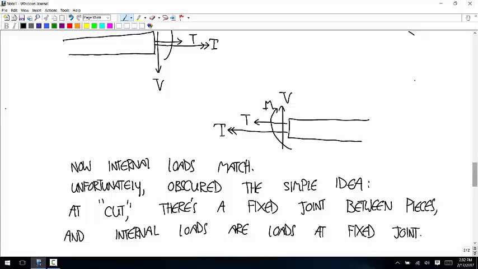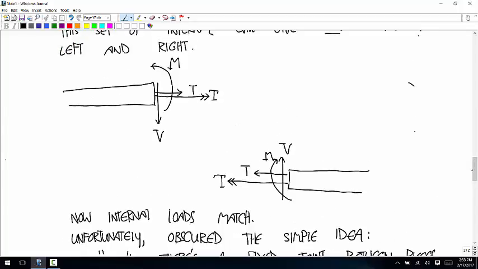Okay, so let me do that calculation again using this new sign convention, which is sort of a weird looking sign convention. I'm sure there were reasons why they came up with these, but we're always going to isolate the left half just so that we do it consistently every time. And so I guess the weird thing is that tension lines up with the positive x-axis.